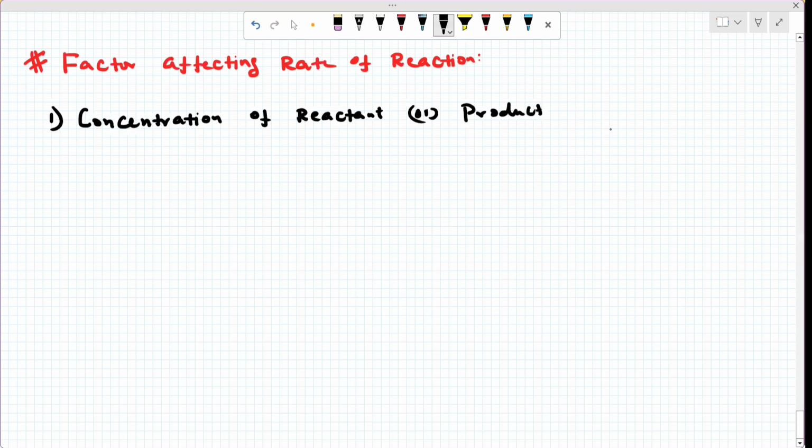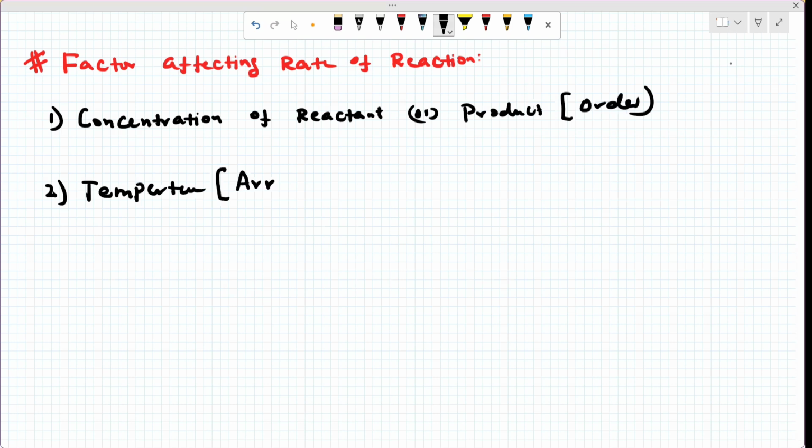That depends on the concept of order. Second factor, temperature, on the concept of the Arrhenius equation. Third factor, the catalyst, that is called activation energy.